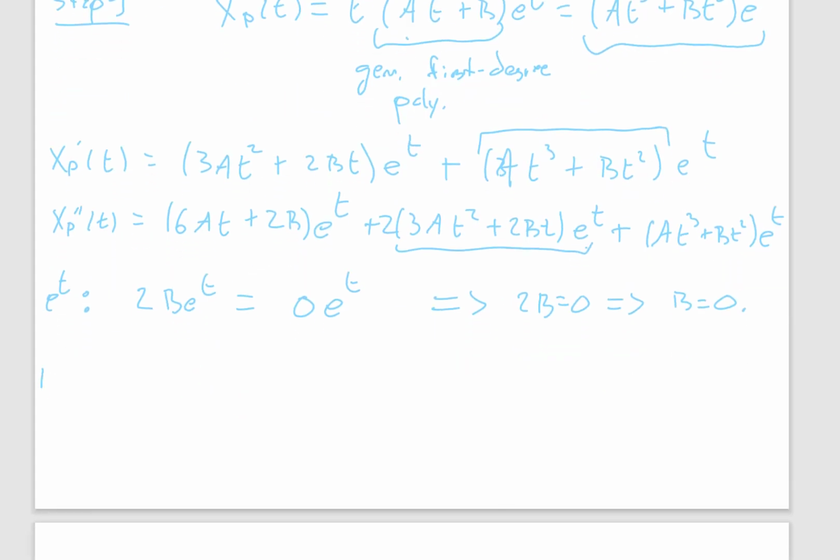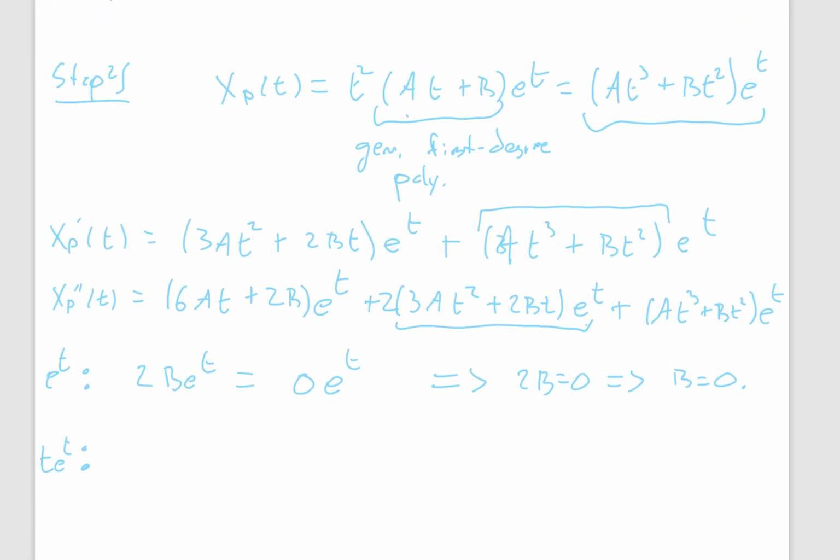Now I want to look at the coefficient on t e to the t on the left-hand side. Notice that xp has no t e to the t term, so it's just xp prime and xp double prime. Let's look at the contribution from xp double prime.